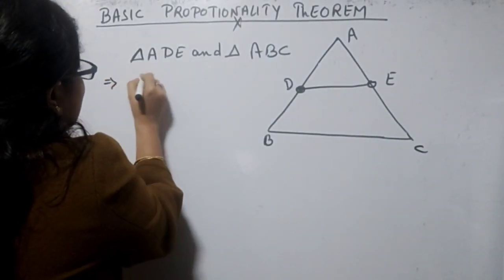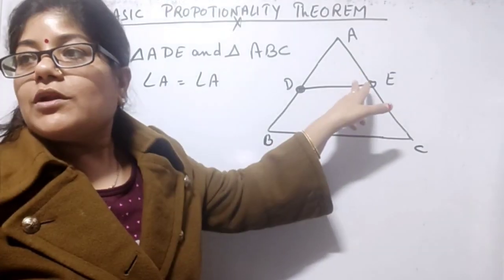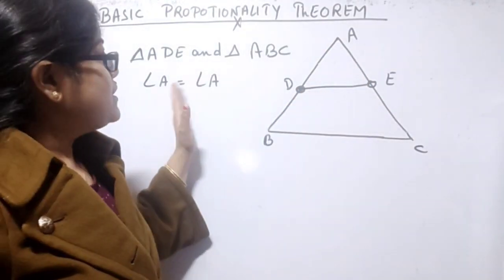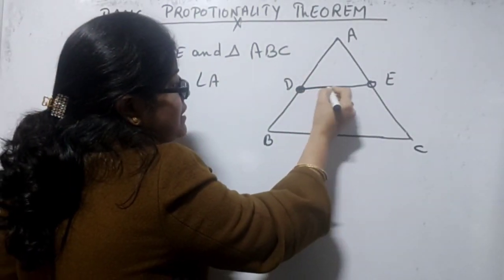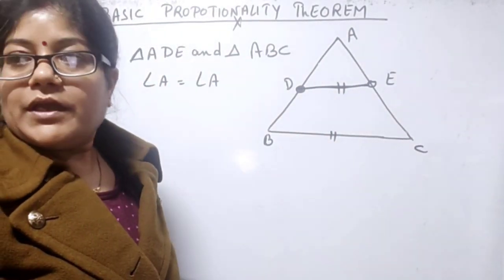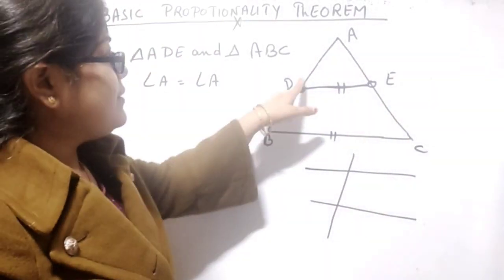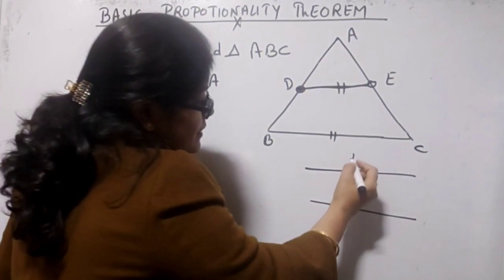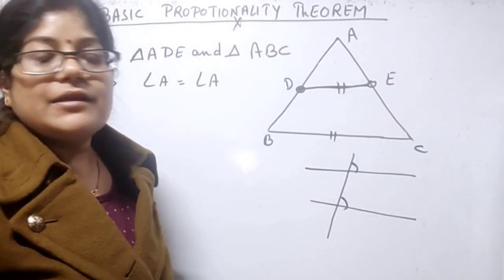So angle A is common in both of the triangles, in the smaller one and in the bigger one. So it is equal to each other. Clear? Now this line DE is parallel to line BC. So when there are two lines which are parallel to each other, and for example this line BD is the transversal, then this angle is equal to this angle because they are corresponding angles.